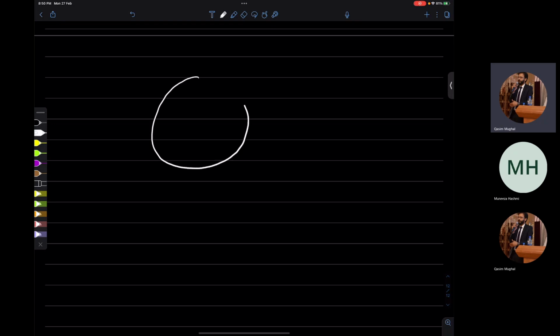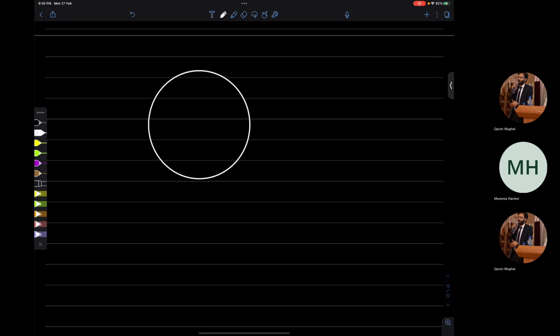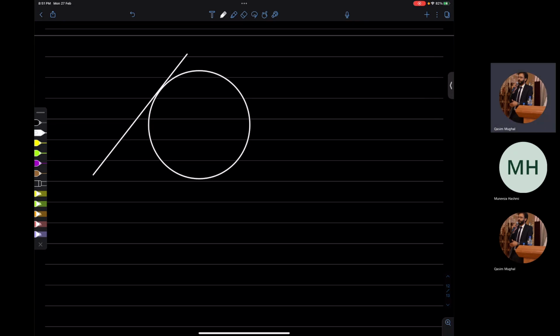If you recall, for a circle and a tangent at any particular point, and a radius having a common point on the circle with the tangent, the property was that tangent and radius are perpendicular to each other. Got it? So this property we've already studied in IGCSE.